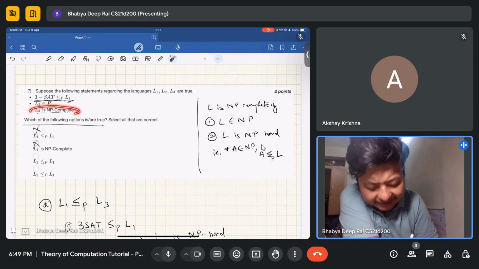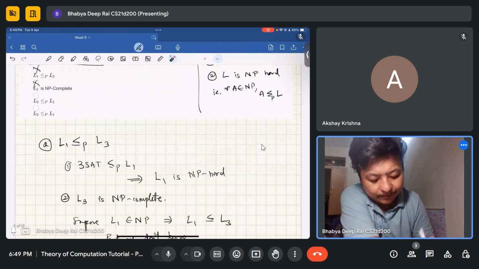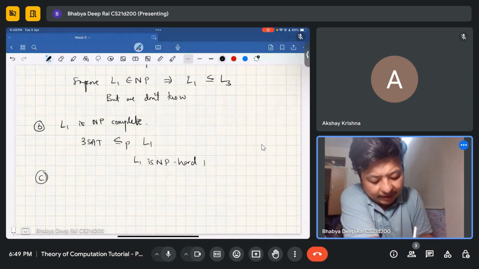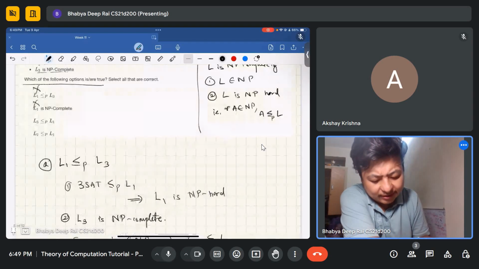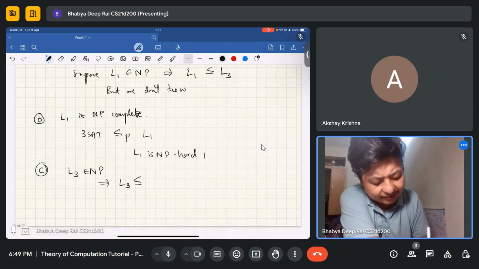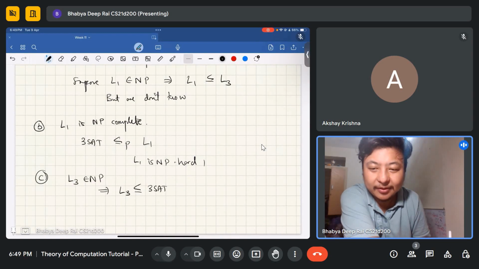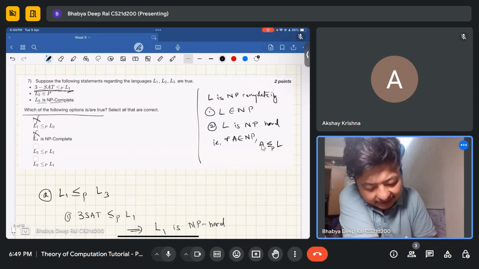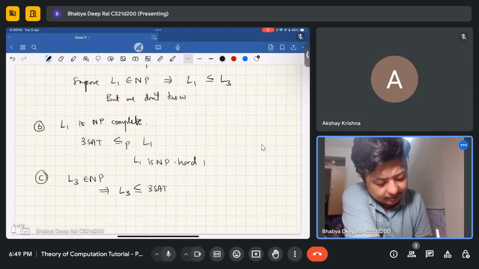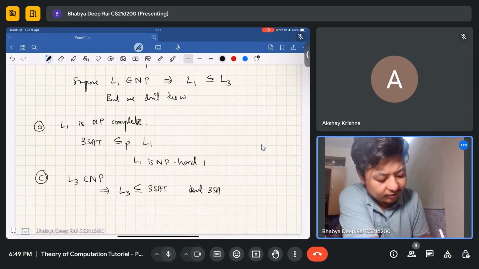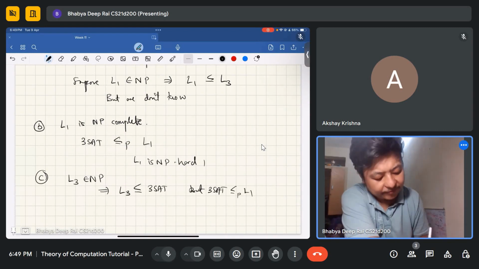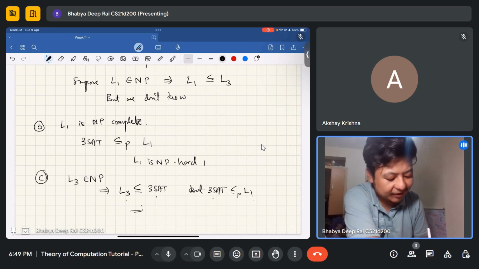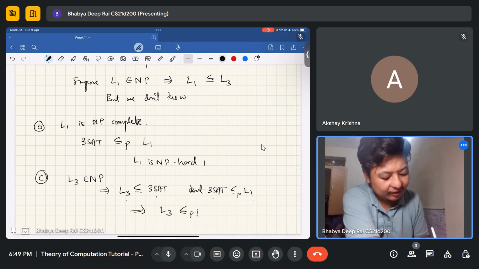Because L3 is in NP, which means that L3 reduces to 3SAT, because 3SAT itself is NP-complete. 3SAT reduces to L1, so by transitivity, L3 reduces to L1.